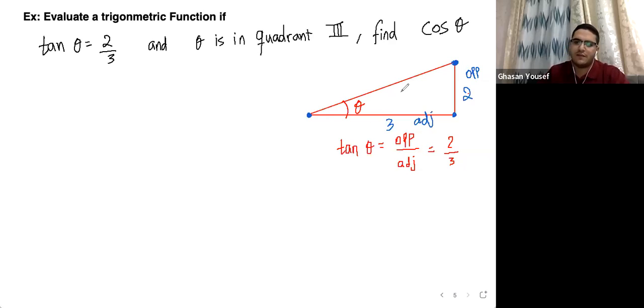Now I have to ask myself, what's the value of the hypotenuse? Because I need to find the cosine.